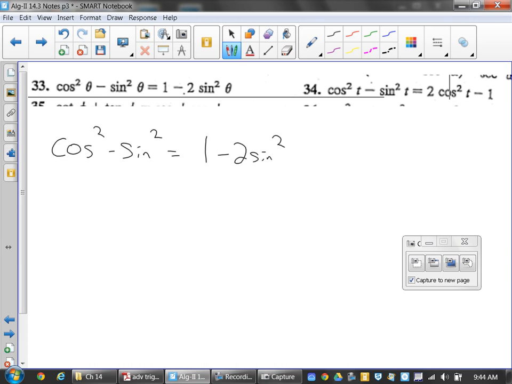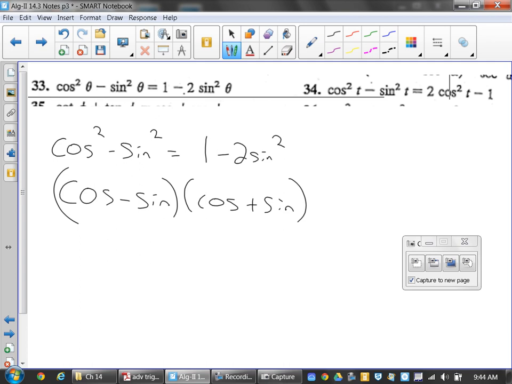Is cosine squared a perfect square? Yes. Is sine squared a perfect square? Yes. Okay. So does it help if we go like this? Does that help us to do anything? No.